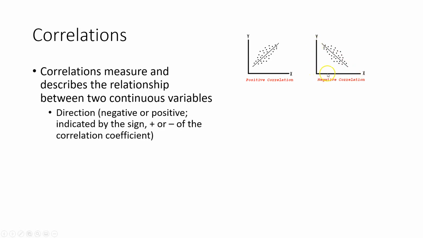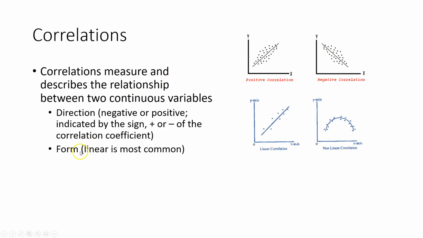So as the x variable gets larger, the y variable gets smaller. You can see that represented here, where high values on the x variable actually represent relatively low values on the y over here. So the first part of a correlation is the direction, whether it's positive or negative.